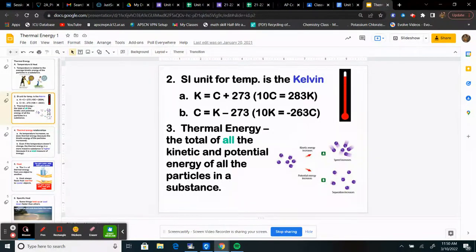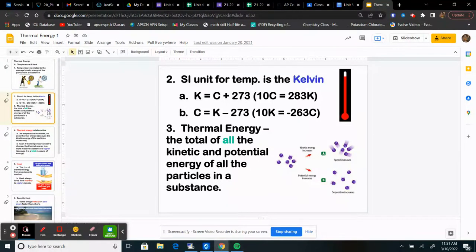If we are going to convert between Kelvin and Celsius, it's actually quite simple. All you do is you take degrees in Celsius and you add 273, and then you have your temperature in Kelvin. So let's use 10 degrees Celsius as an example: 10 plus 273 equals 283 Kelvin.